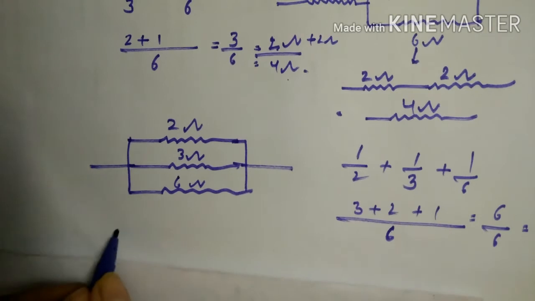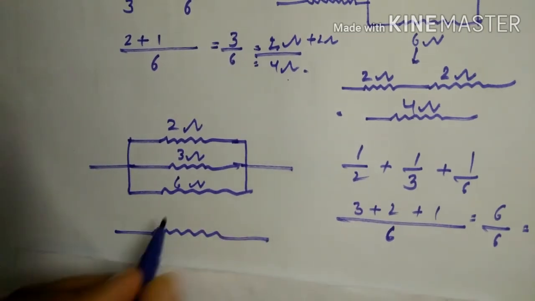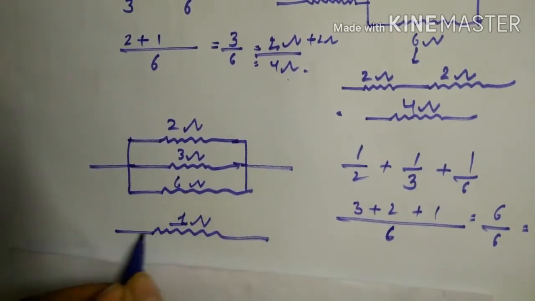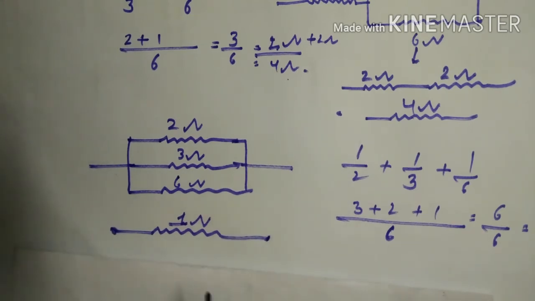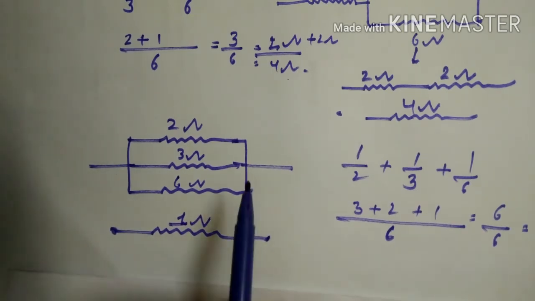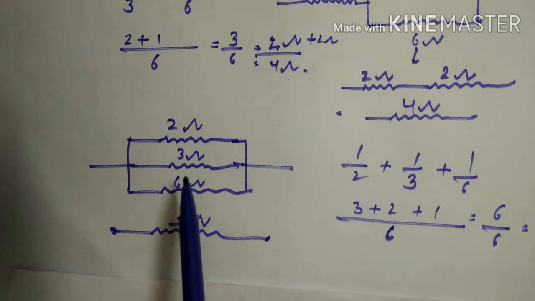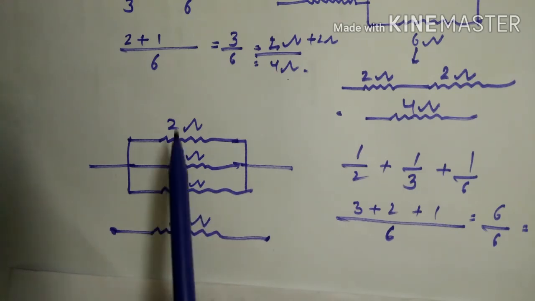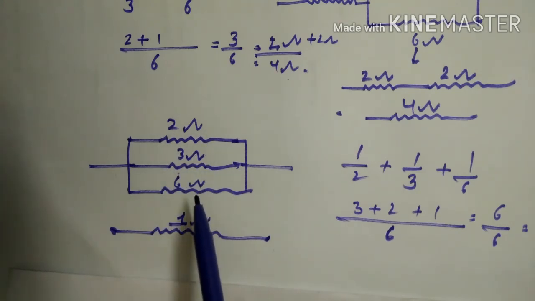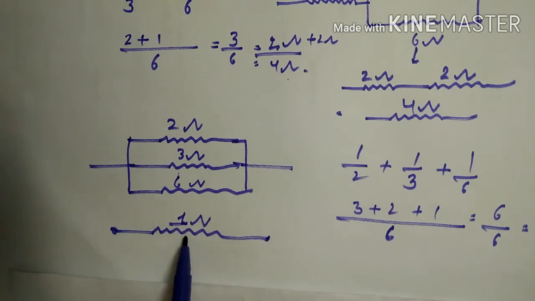Means in parallel combination I can simplify it like this. This is of 1 ohm. So when we placed these three resistors in parallel combination, we get the total resistance of 1 ohm.